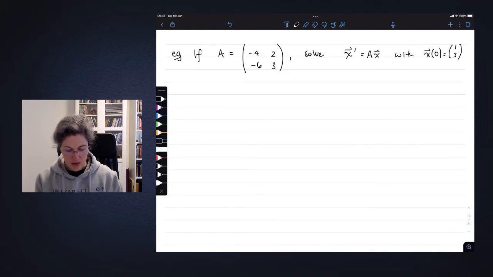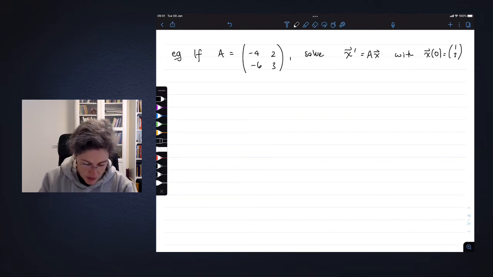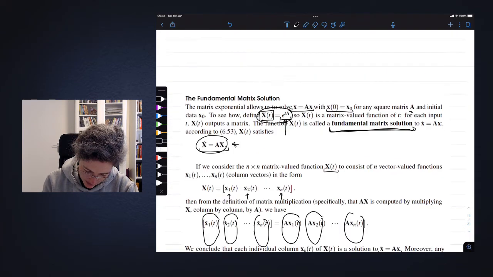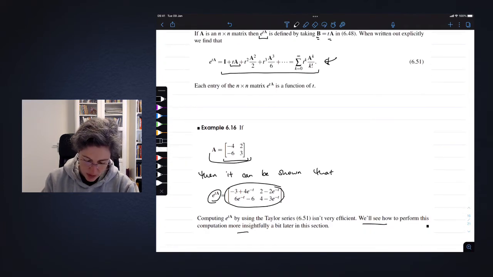So let's work through one example to see what this looks like in practice. I said without proof, way back over here, let's see if I can find it, that if A is equal to this thing over here, then e to the tA is this.